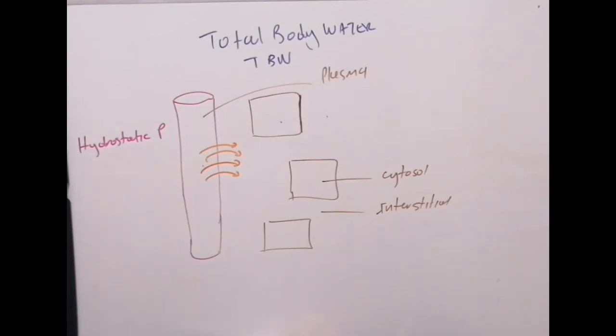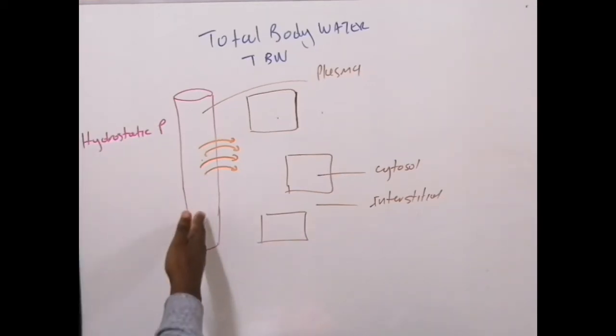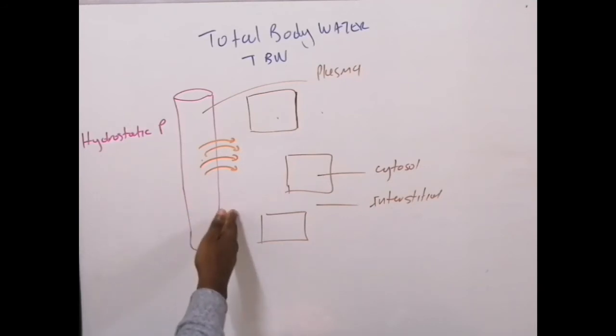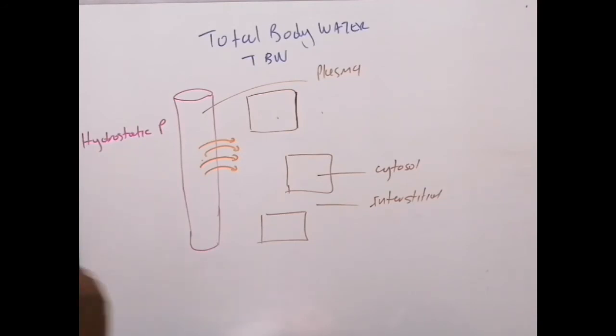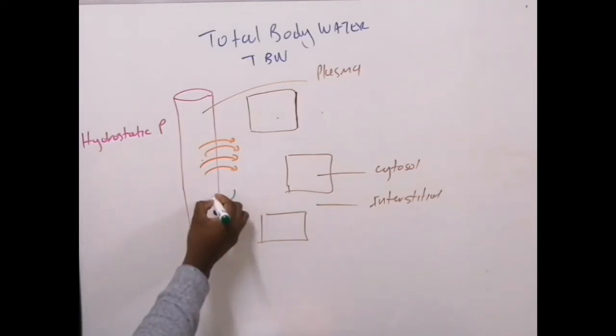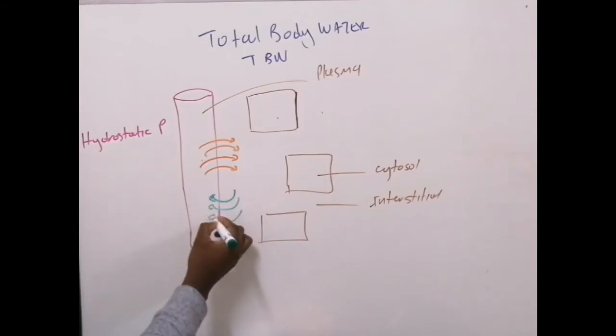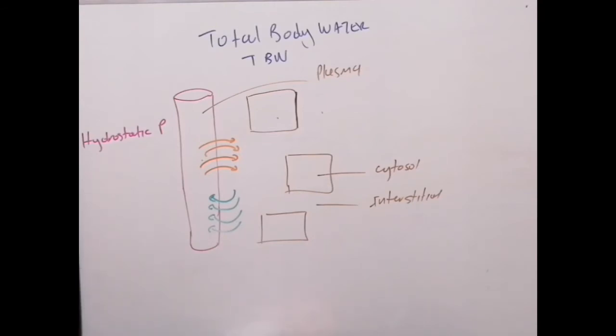Now, the body cannot have a state whereby there's a lot of fluid that escapes from the intravascular out into the interstitial without correcting that. The fluid that moves out because of the hydrostatic pressure, that escapes out of the intravascular into the interstitial space, is later brought back by another force called the oncotic pressure.